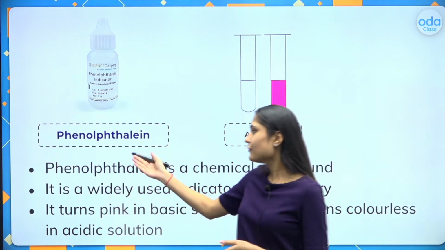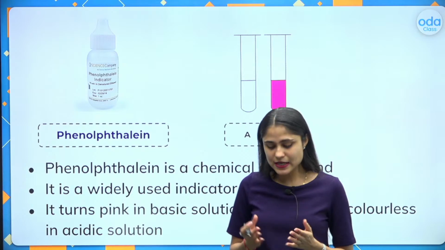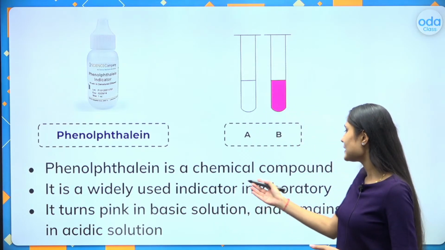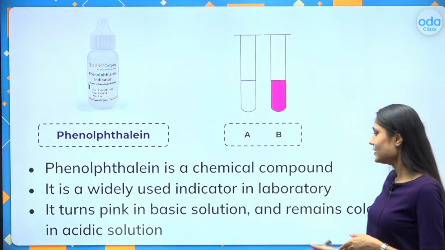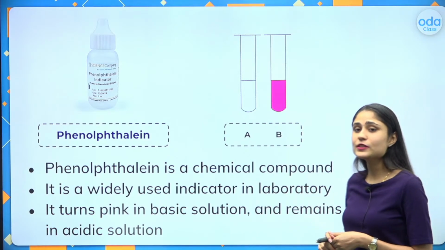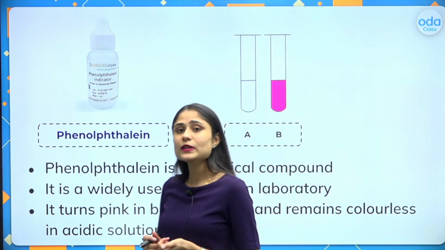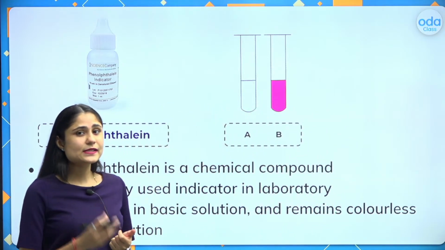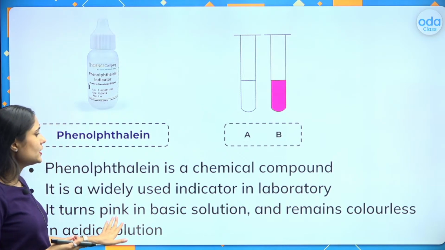So this is phenolphthalein, right? It is usually used in school laboratories, and phenolphthalein is a chemical compound. It is widely used as an indicator in laboratories. Now this phenolphthalein is colorless in nature, right? It will turn pink in a basic solution. When we add it to any base, it will turn pink.